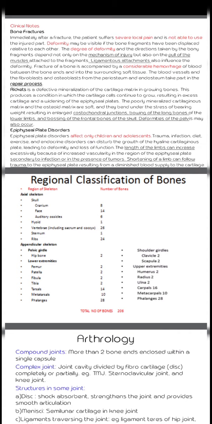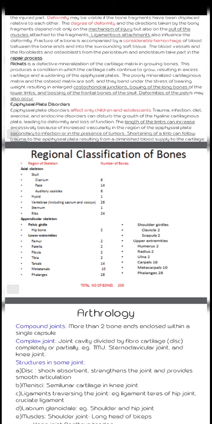On the other hand, sometimes length of the limbs can increase excessively because of increased vascularity in epiphyseal plate, secondary to tumors, such as in excessive production of growth hormone.